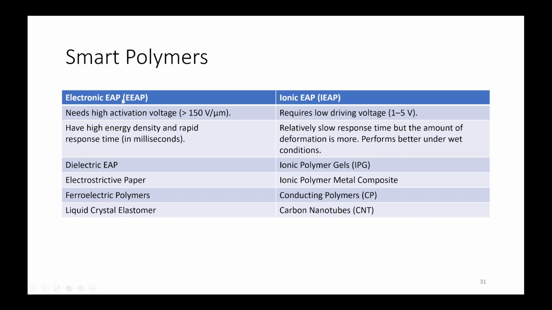Examples of electronic EAP are dielectric EAP, electrostrictive paper, ferroelectric polymers, and liquid crystal elastomers. For ionic EAP, they are ionic polymer gels, ionic polymer metal composites, conducting polymers, and carbon nanotubes.